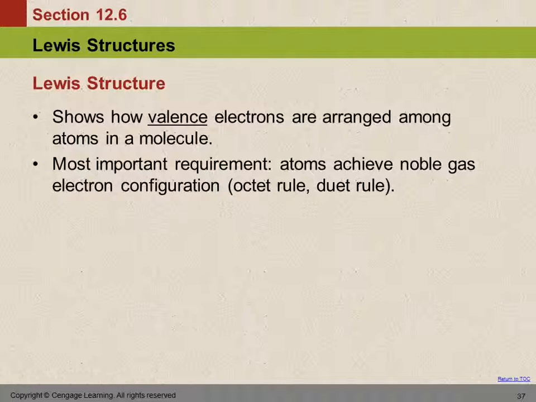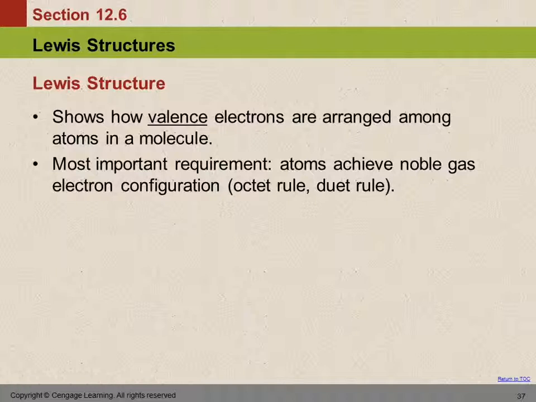How do we determine how many valence electrons an atom has? Positive and negative charges are related to that, but there's something on the periodic table that tells us. The number of protons tells us the number of electrons. It has to do with some of the numbers at the top, the group numbers.